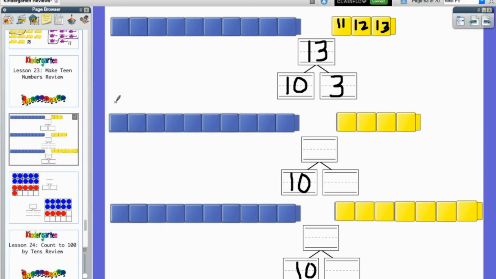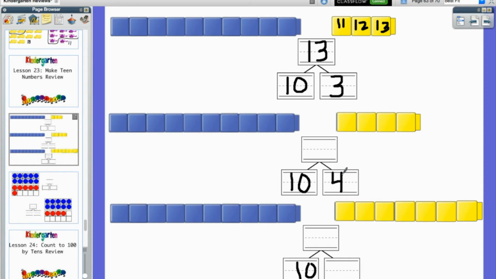Let's look at this second picture. We have 10, we already know. We filled that in. How many yellow cubes do we have? 1, 2, 3, 4. So we have 4 yellow cubes. What teen number does that make? If we have 10 and 4, I want you to yell out what teen number that is.